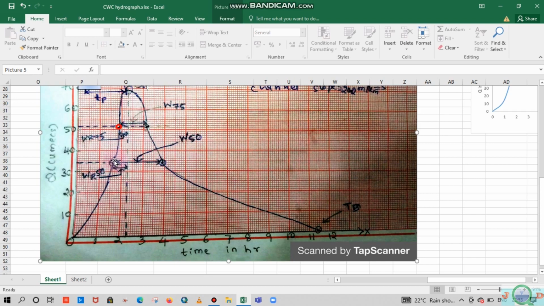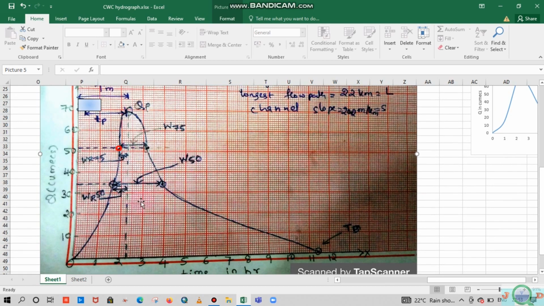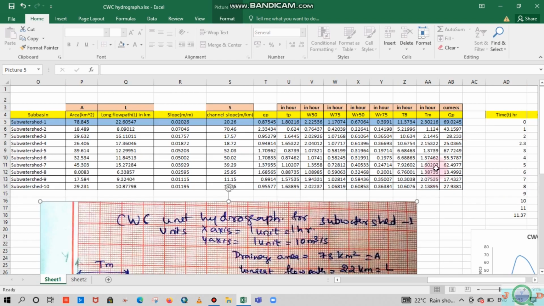I got these 2 points, and next I marked the width of the unit hydrograph for 50% of the peak and 75% of the peak. So here you can see I have marked the widths W50 and W75. So what is the W50 width? W50 is 2.22 hours.